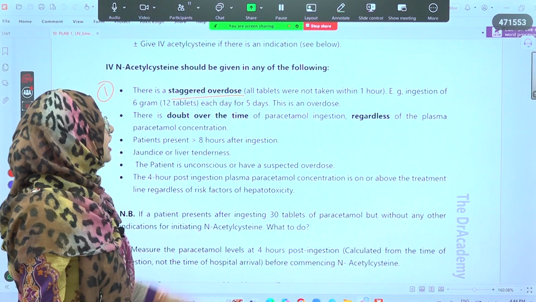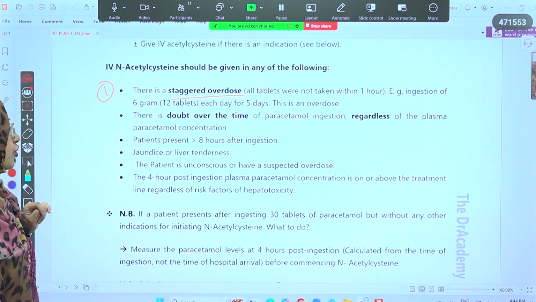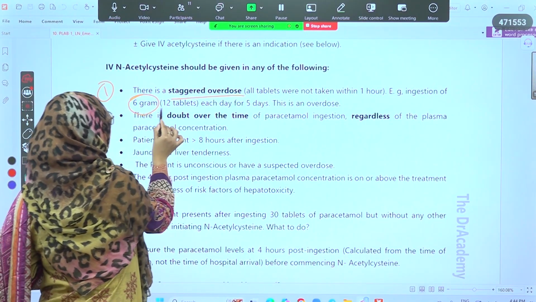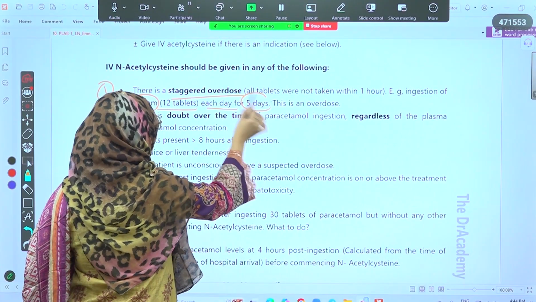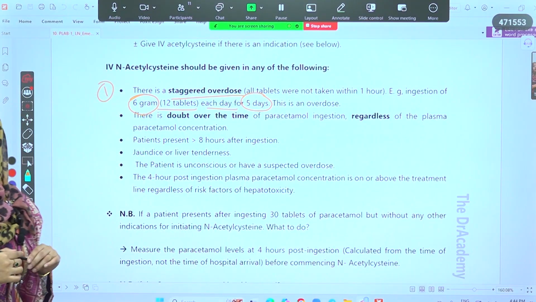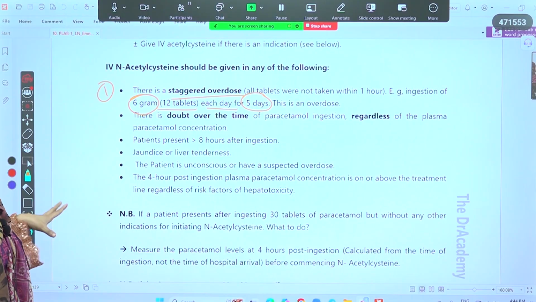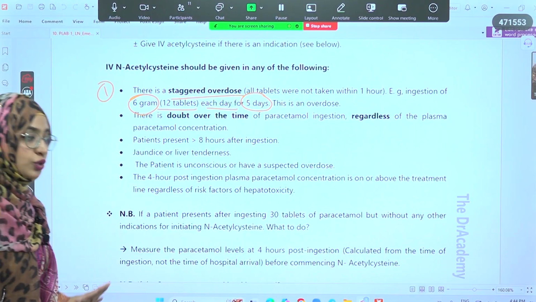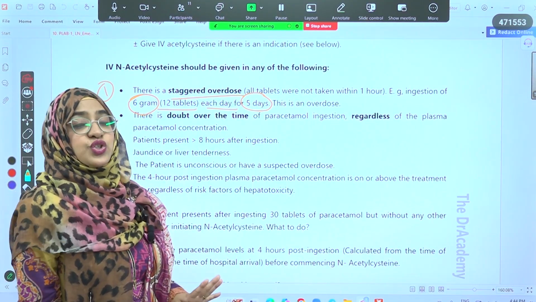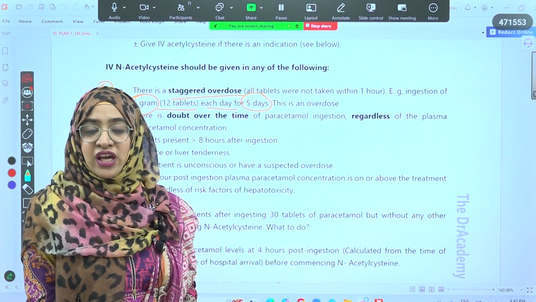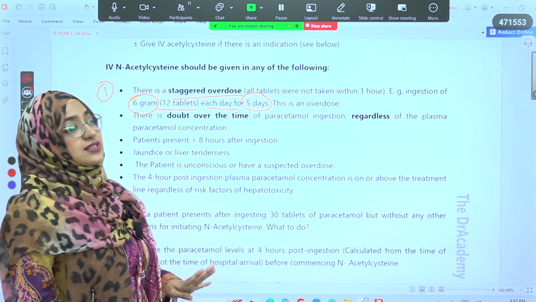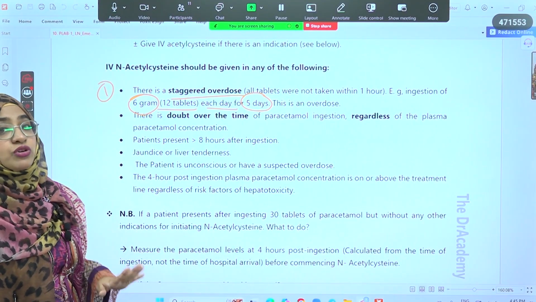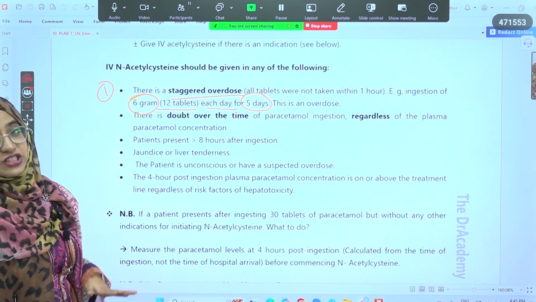Okay, like ingestion of 6 gram, that means 12 tablets each day for 5 days. This is an overdose. The normal dose is that a person can usually take a highest of 4 gram per day. Okay, 4 gram of paracetamol a patient can usually take at most in a day.